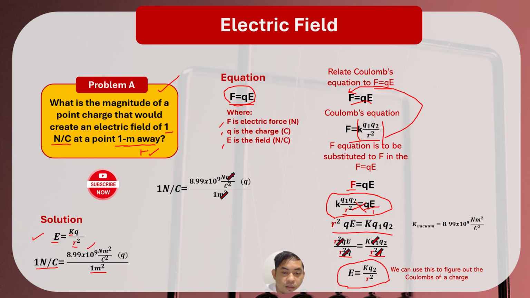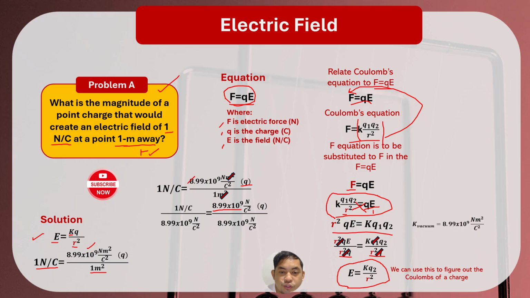We can cancel the Newton meter. Yeah, 8.99 times 10 raised to 9. We don't have the value of charge yet. And then we will divide it by 1 so we can have the same value.